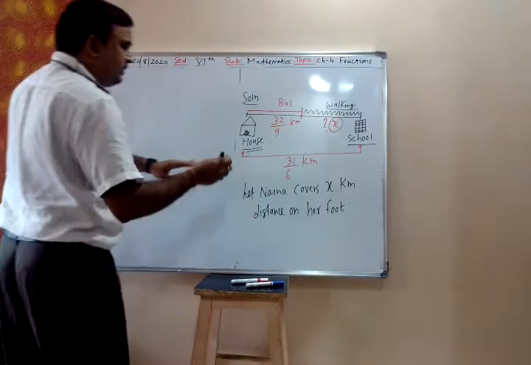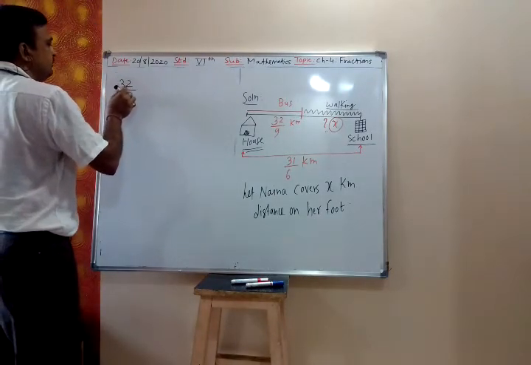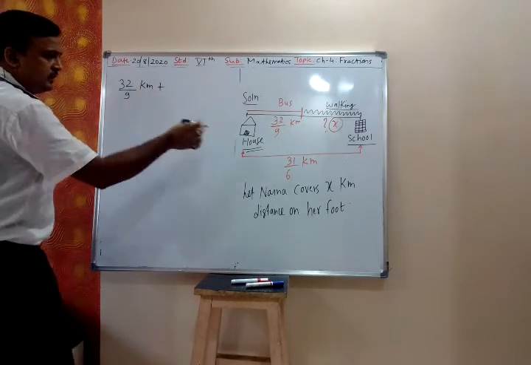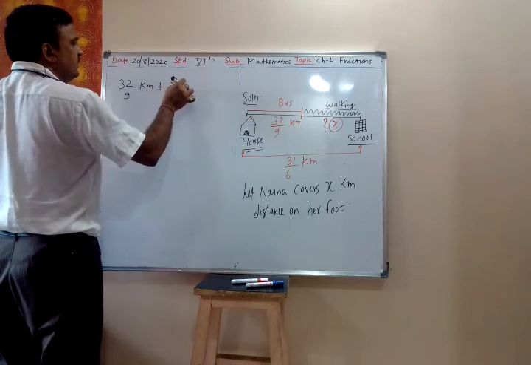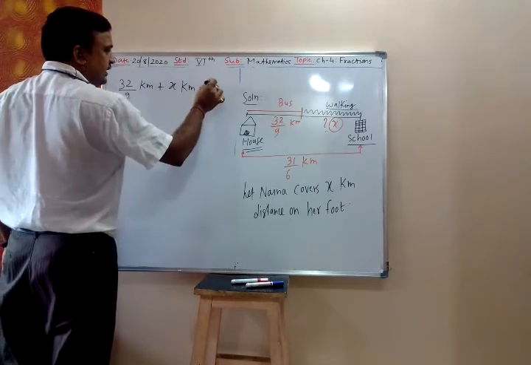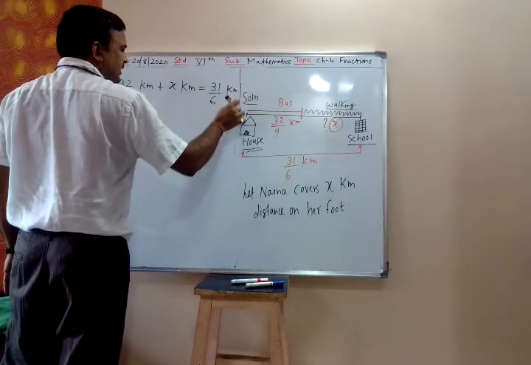So now we form the equation. 32 by 9 kilometer plus x kilometer is equal to 31 by 6 kilometer. Are you following this?